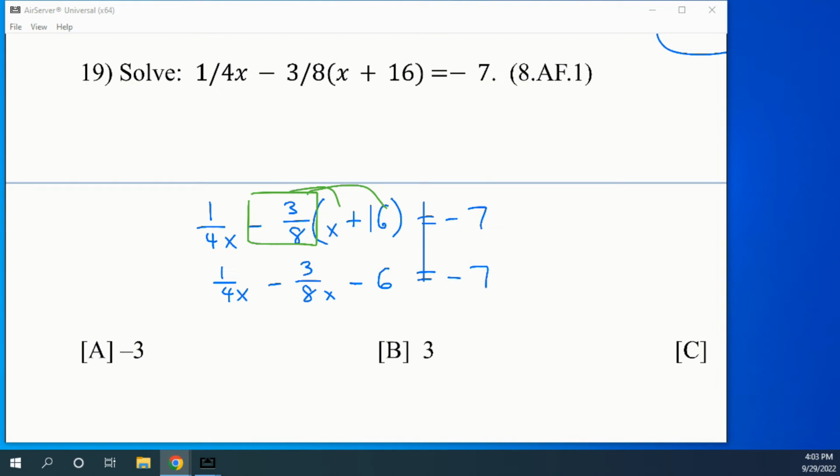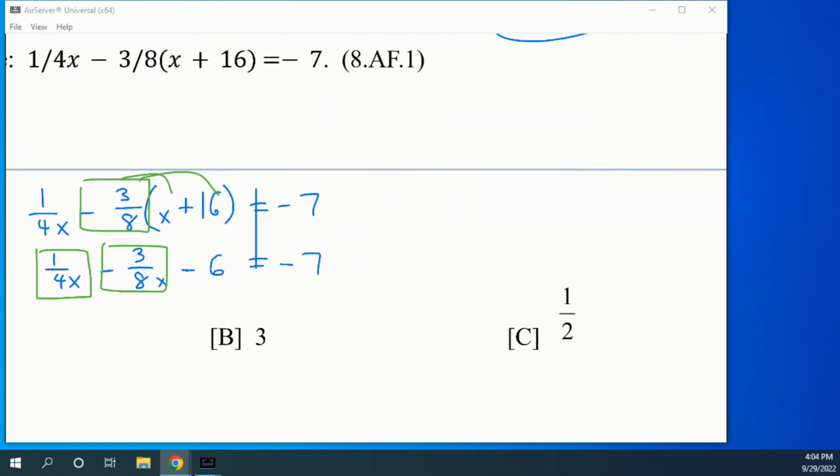I can now combine my like terms of 1/4 x minus 3/8 x. Use your calculator, use Desmos. 1/4 minus 3/8 gets me negative 1/8.